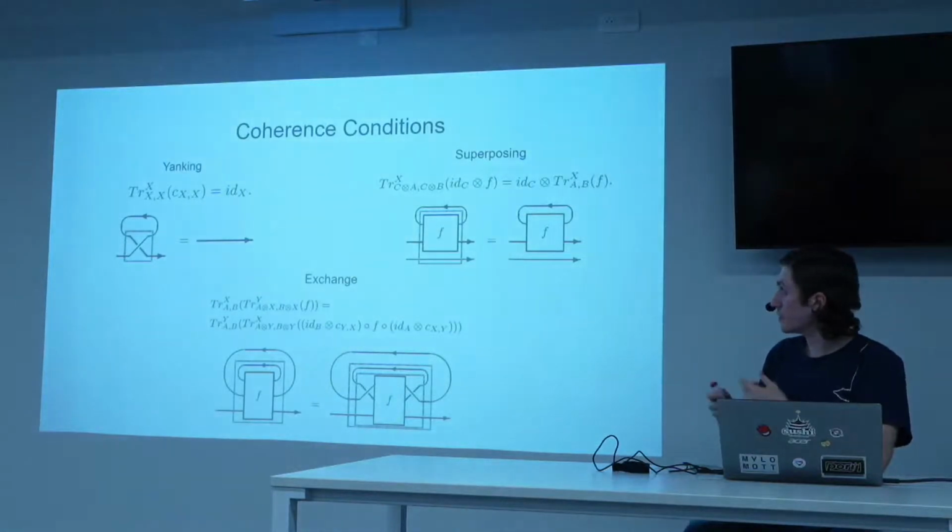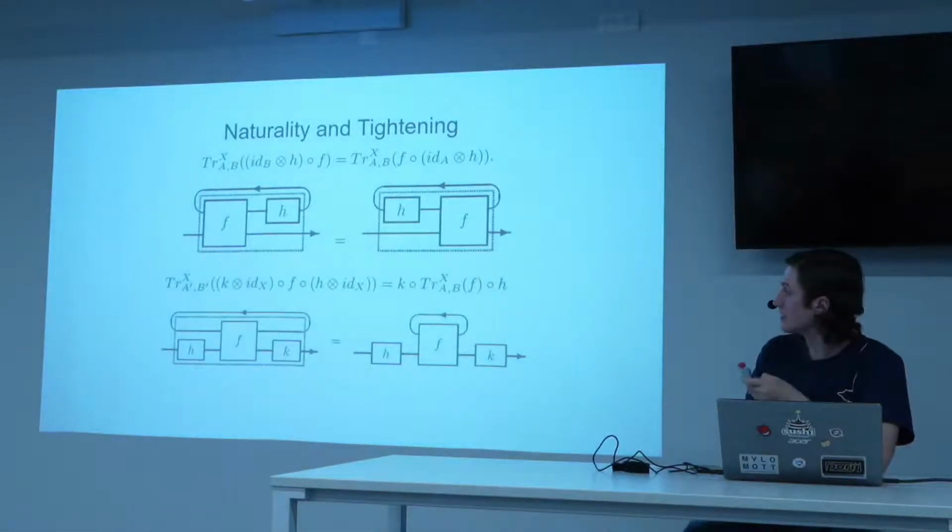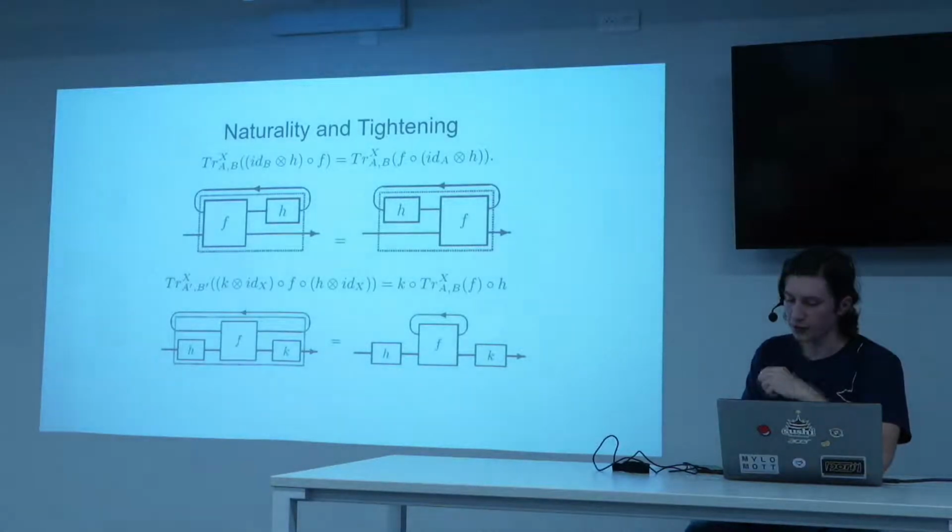And so these five coherence conditions, yanking, exchange, superposing, naturality and tightening, are the next best thing to common sense rules for having a trace in your category.